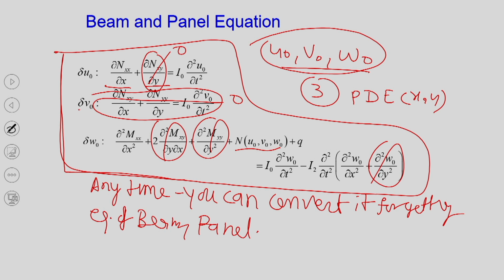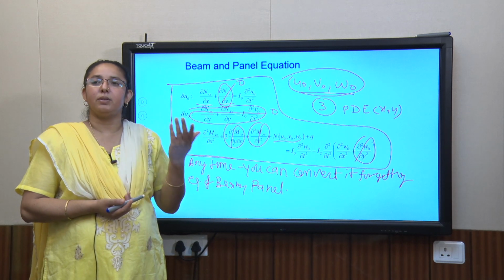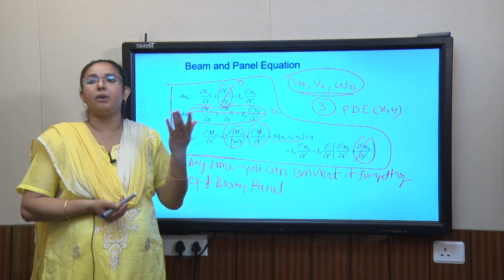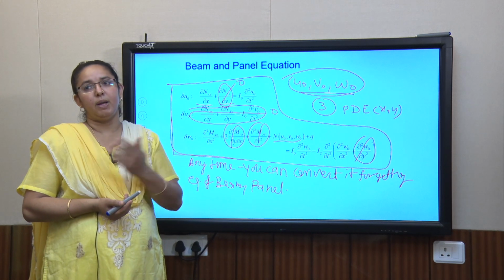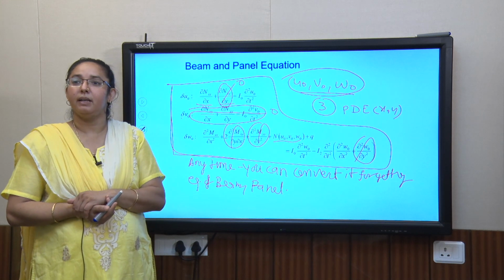So, my suggestion is that when you are going for a theoretical formulation, try to develop a general formulation. For the results, you can go for a specific case. Let us say you develop a theoretical formulation for an angle ply plate, then you can get the solution for a cross ply plate, the Navier solution, because that is valid only for a cross ply plate.